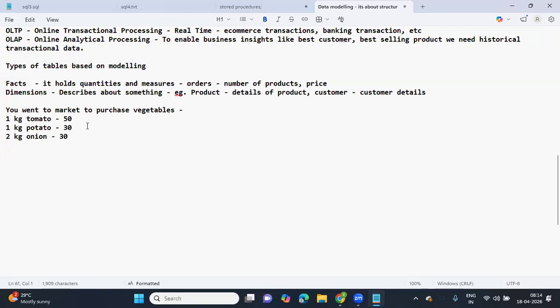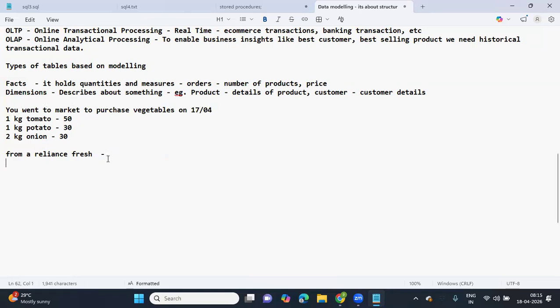Okay, let's assume these are the products you have purchased, let's say from a store, Reliance Fresh. You are purchasing it on a date, let's say you purchased that yesterday. Okay, let's make it up.